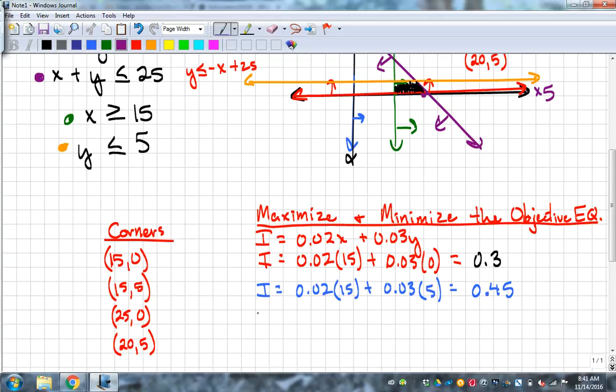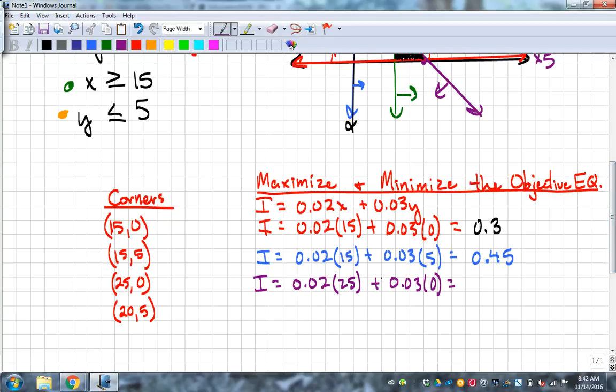Then I'd plug in 25, 0. That'd be 0.5. And then I would plug in 25, 5. Work that out. So that'd be 0.5 plus 0.15.